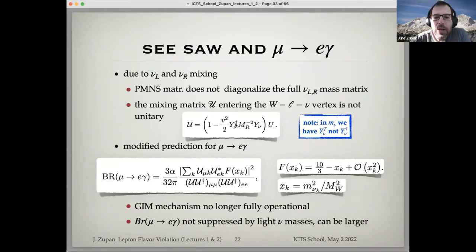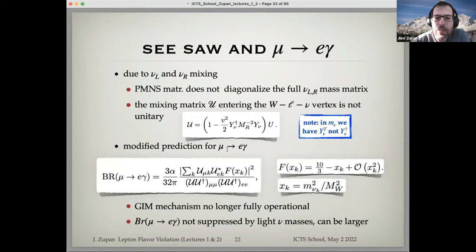U was a 3 by 3 unitary matrix, but there's an extra piece here that is not unitary, and it has a structure which is Y nu dagger. So slightly different, sounds completely innocuous. However, because of this difference, mu to e gamma does not need to be so small.